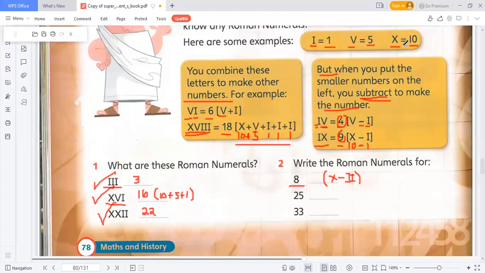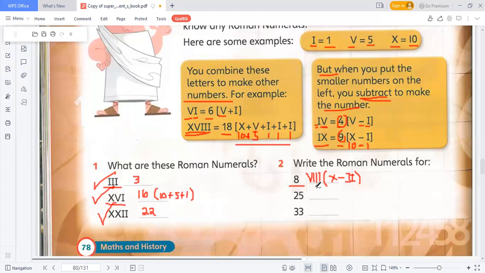V and then triple I. Okay, is this what you mean? V triple I. Okay, yes. So we have V and then triple I.